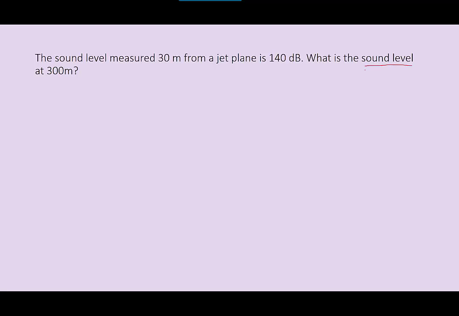So let's do the problem based on intensities first, and then we'll look at how you would do it without going through the intensities. Based on the information that we're given, the beta equation would become 140 is equal to 10 log I over 10 to the negative 12.